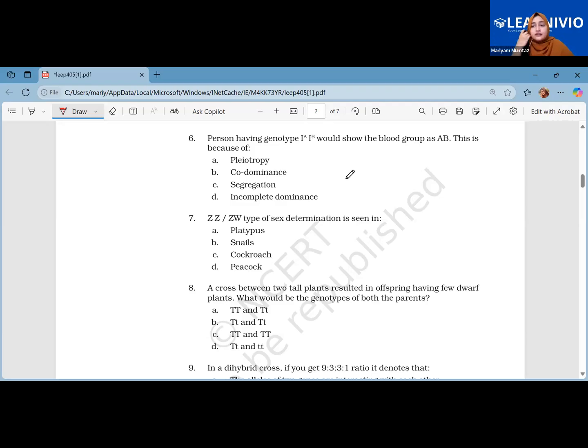Which type of inheritance is it? See, there's blood group A, there's blood group B, but in AB, both of them are showing and both of them are dominant. So that is codominance. Remember that ABO blood grouping is an exception to the Mendelian law and this is the best example for codominance. Clear?